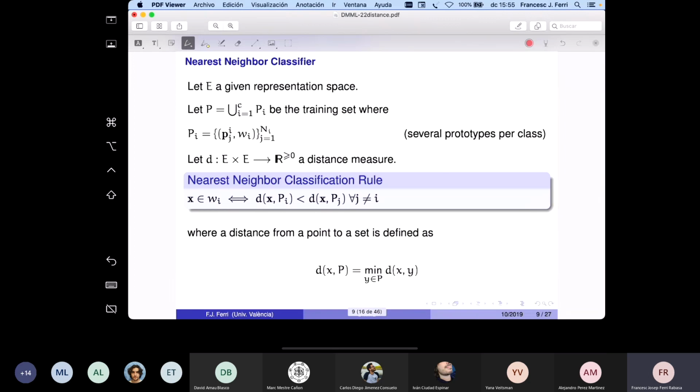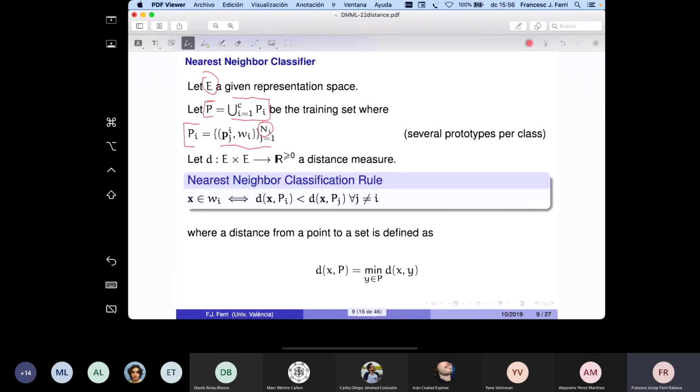As before, we have an abstract space, and now instead of one prototype per class, we have for each class a set of prototypes of size capital N sub i. Then the training set is just the union of these capital P i. Is it okay?